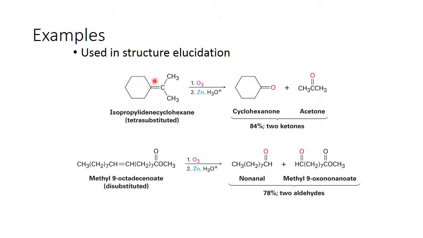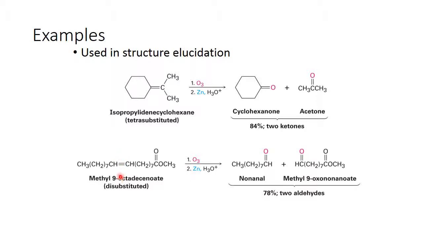Notice this side of the double bond has a carbon on either side, so I'm going to make a ketone here. This one's called cyclohexanone. This carbon has a carbon on either side, so it ends up making a ketone, and this one's called acetone. When I look at this molecule down here, when I go to do cleavage, I'm going to cut here and put a double bond to an oxygen on this carbon.